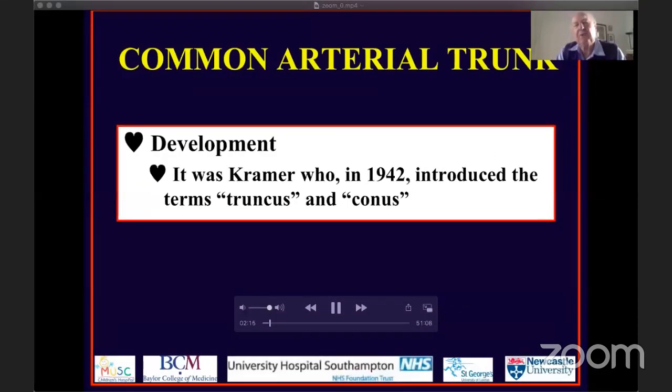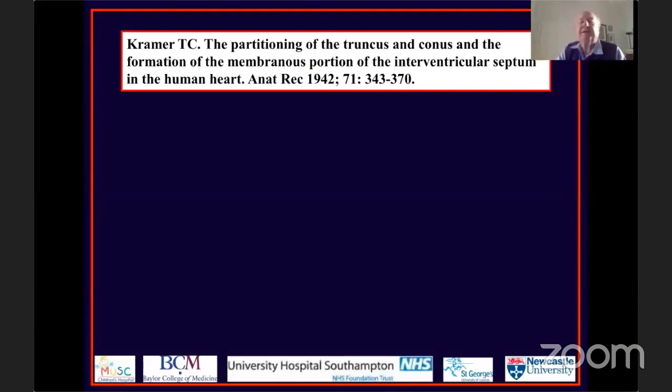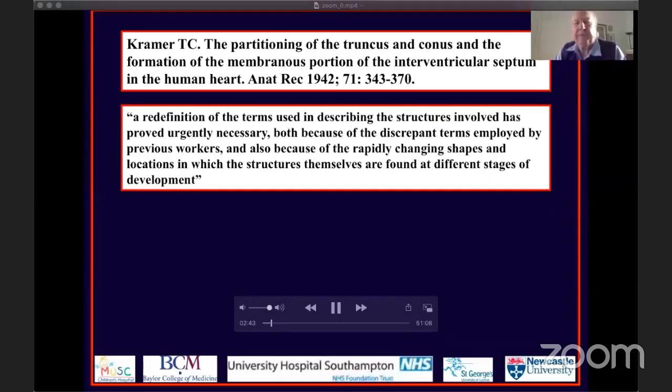So let's explore that. And if we go back, we find that it was Theodore Kramer in 1942 who introduced the notion that we could consider the developing outflow tract in terms of the truncus as opposed to the conus. This is his paper, as I say, published in 1942, a seminal work.